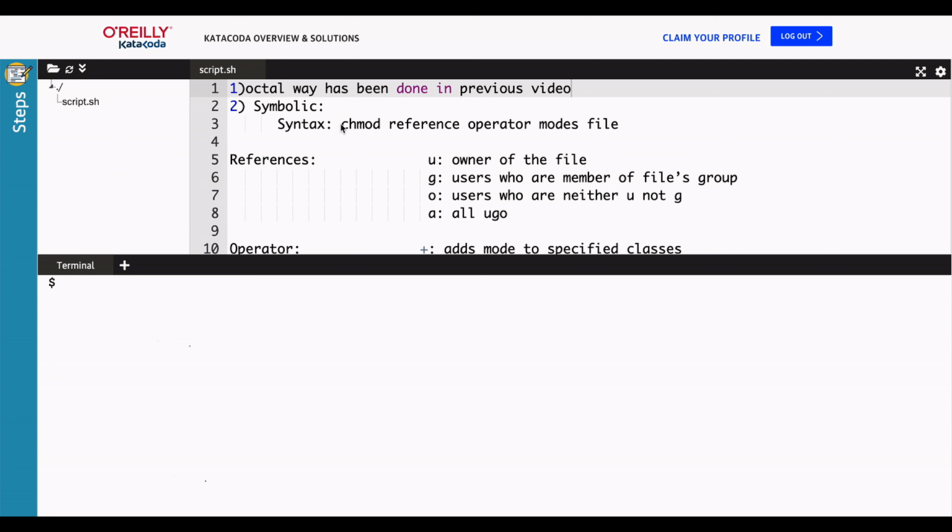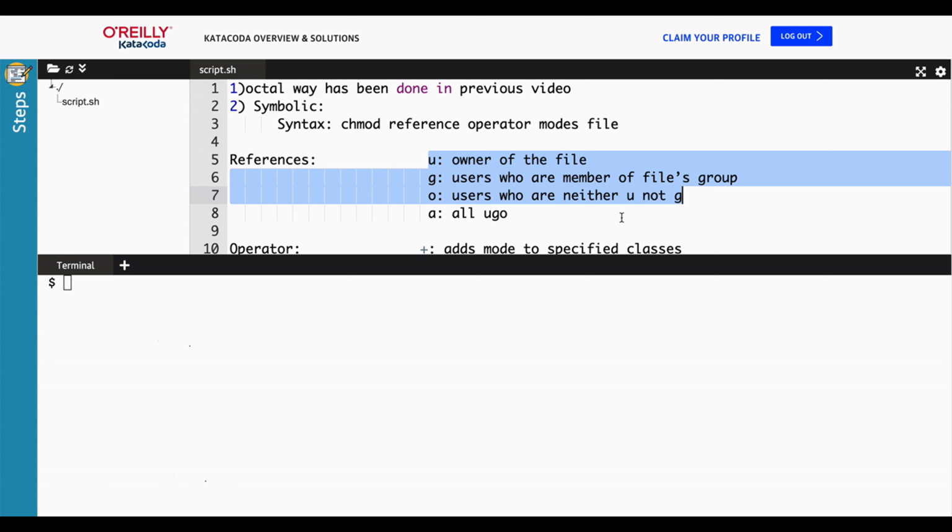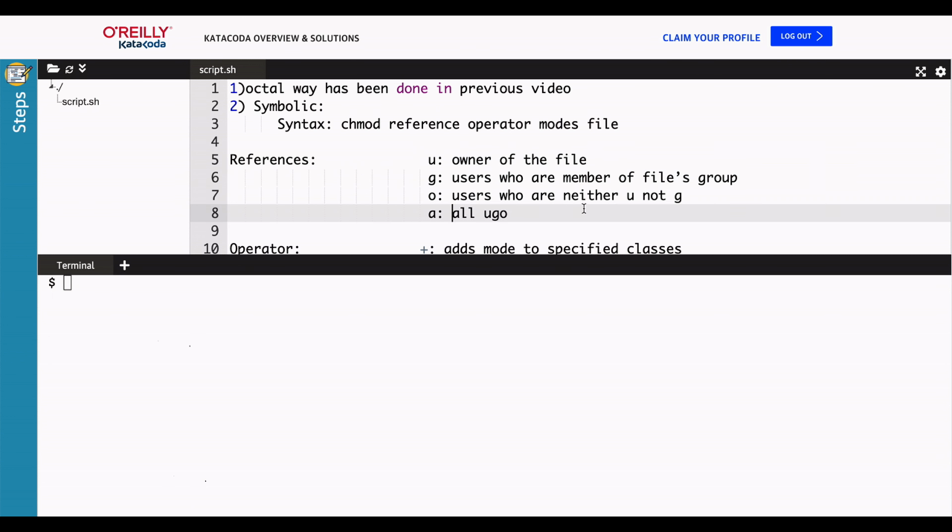The syntax is based on operators. Talking about the references: u stands for the owner of the file, g stands for users who are members of the file's group, o stands for users who are neither u nor g, meaning the other users, and a stands for all.